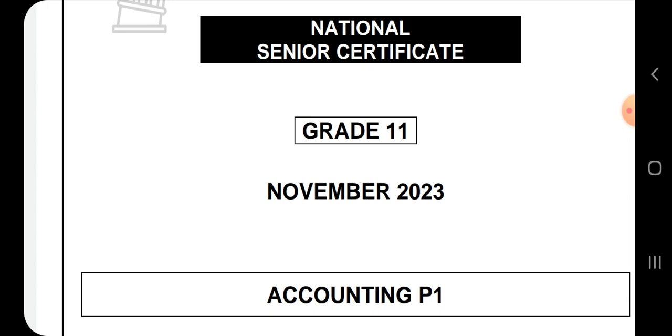Okay, so what you have to know, guys, with regards to ratios is that financial statements, which in grade 11 you only do business income statement and balance sheet, need an in-depth analysis. So we need to analyze them. That's why we have interpretations of financial statements in the form of ratios. They tell us exactly how the business is performing.